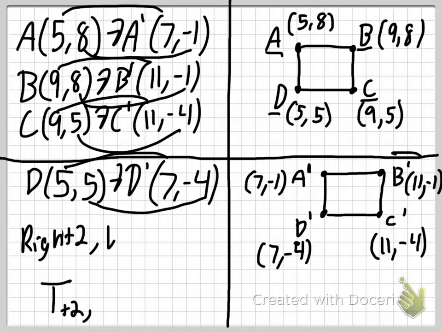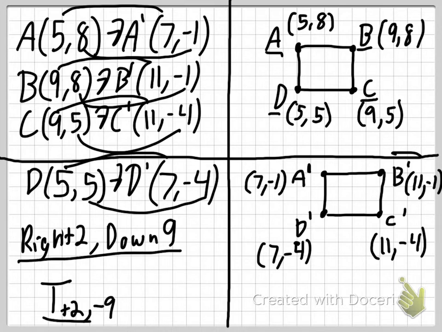So it looks like we went down 9, or if we're going to use the T rule, negative 9. And the nice thing about translations is you can just count, or you can just look at this and see what happened. And this is one way we could write it here, or we could write it this way. Either one is an appropriate way to write your translation.